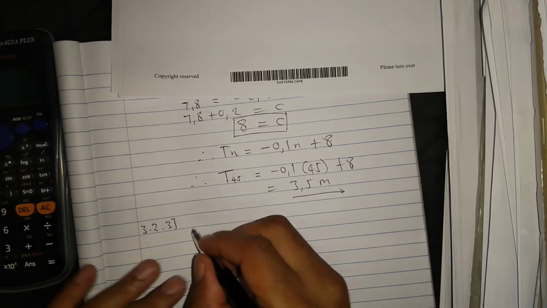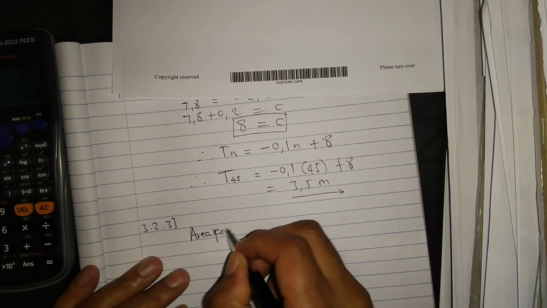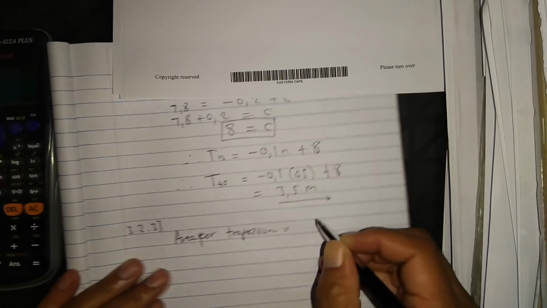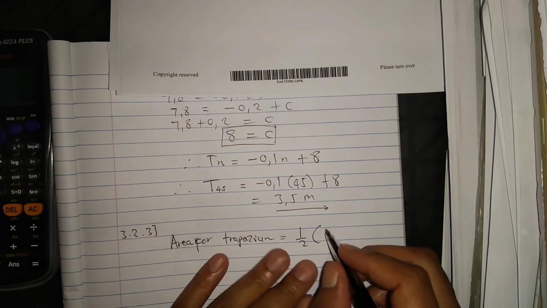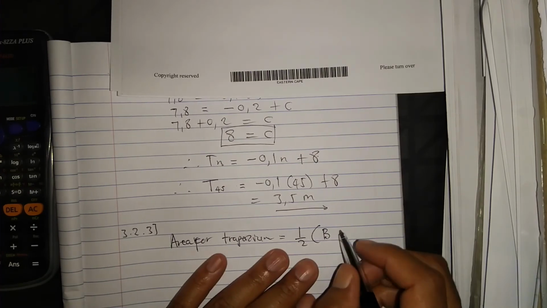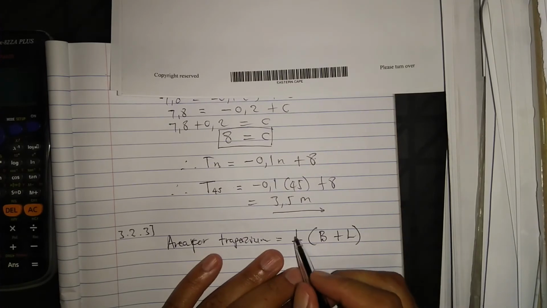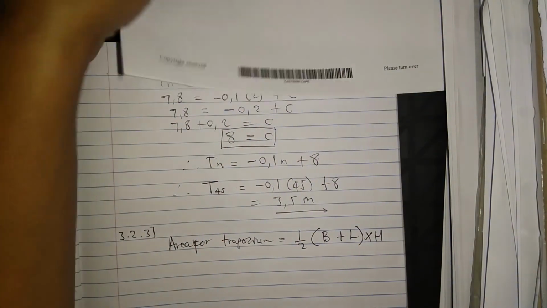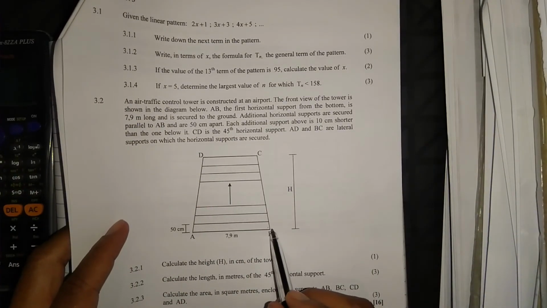3.2.3, an area for a trapezium is equal to half of the base plus length, times the height. So this is the base, and then this is the length, and then this is the height of the trapezium.